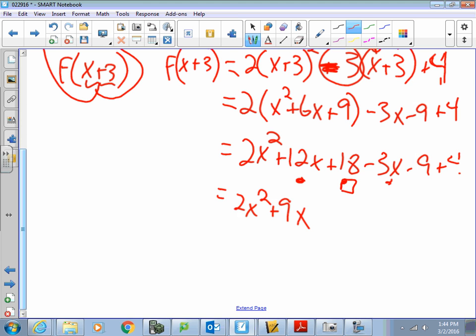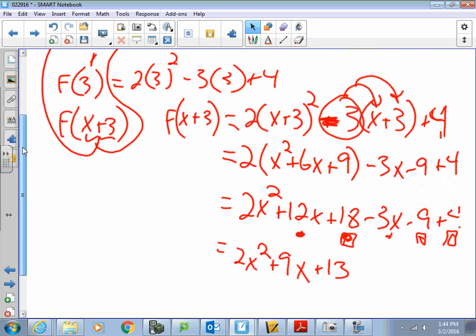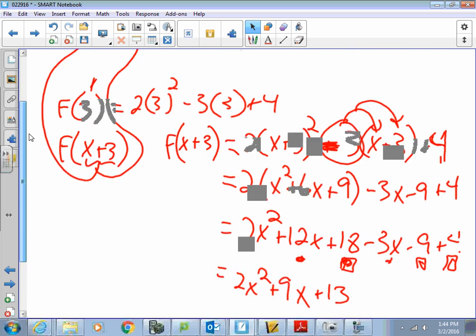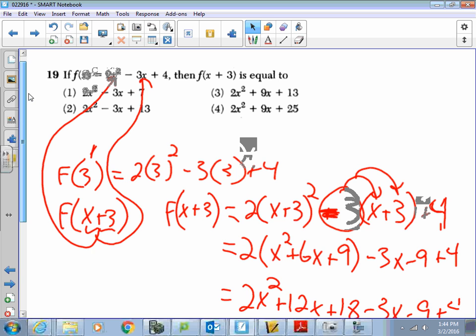Then the like terms 18, 9, and 4: 18 minus 9 is 9, plus 4 is 13. So hopefully that answer is there. If not, I'll go back and check my work. 2x squared plus 9x plus 13. And that is answer number 3, and that is correct.